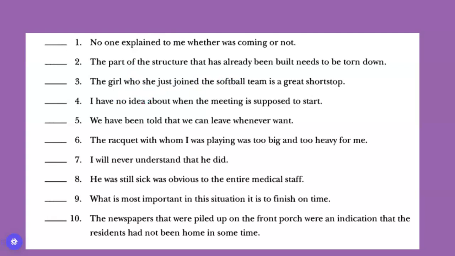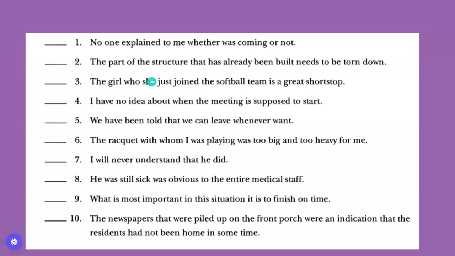In this case, the sentence is incorrect because if you see, we have the girl who she. Yeah, this is what is not correct. If we eliminated she, then we would have the girl who just joined the softball team is a great shortstop. The she is extra, this word.